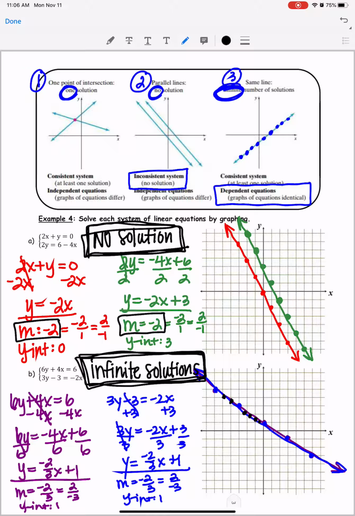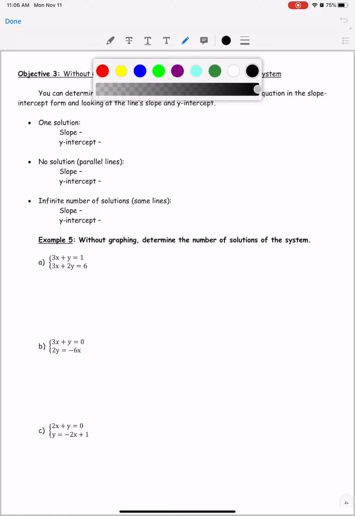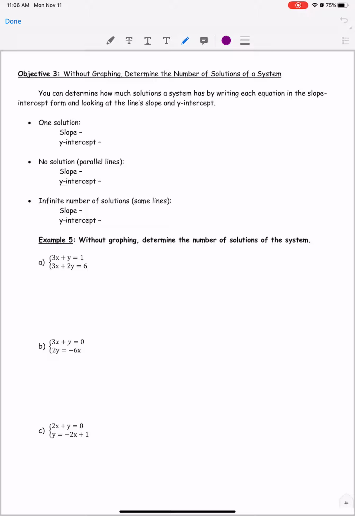So those are our 2 special cases that we can get with this. All right. And now if you'll turn that page, we've got one more thing to go over. It says here, you can determine how many solutions a system has by writing each equation in slope-intercept form.